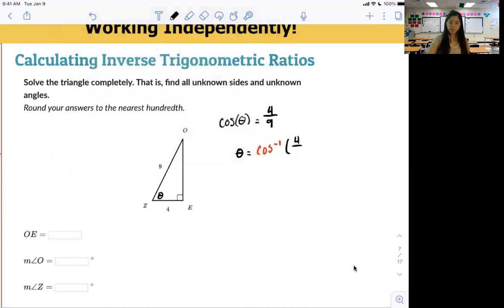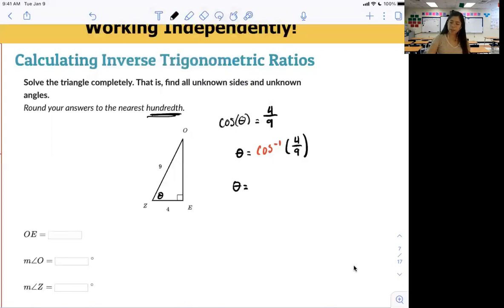Using your calculators, what do we get? And look what it says, round it to the nearest hundredth. 63.61. Good.